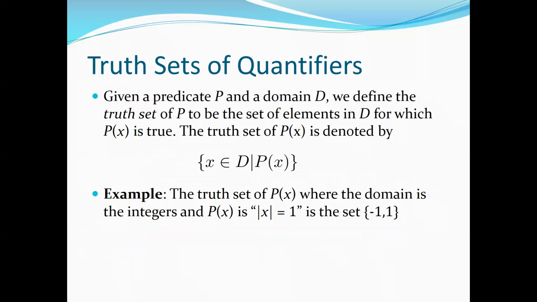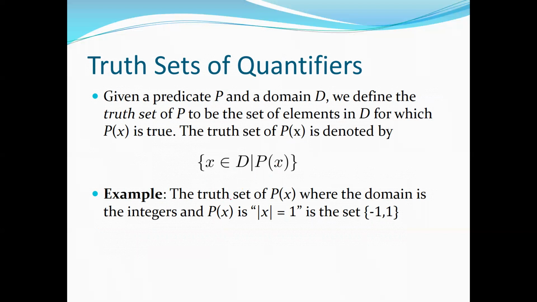So, truth sets of quantifiers. Given a predicate P and a domain D, we define the truth set of P to be the set of elements in D for which P(x) is true. The truth set of P(x) is denoted by {x belongs to D such that P(x)}. So D represents the domain of P(x), and P(x) is the propositional function.